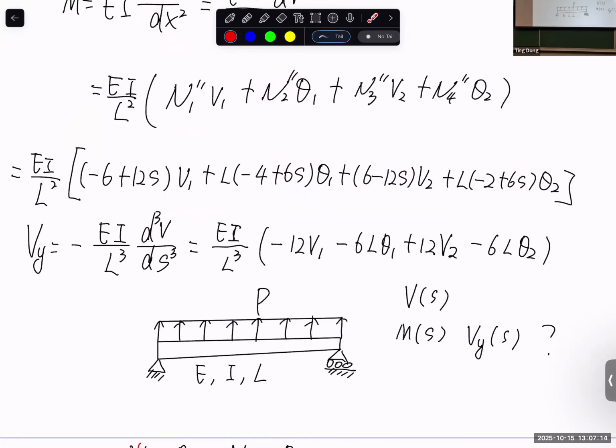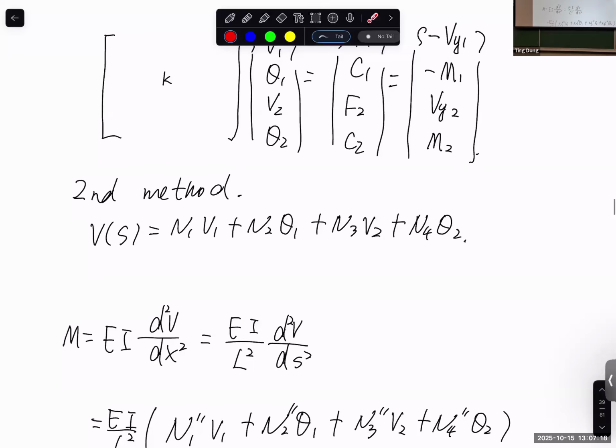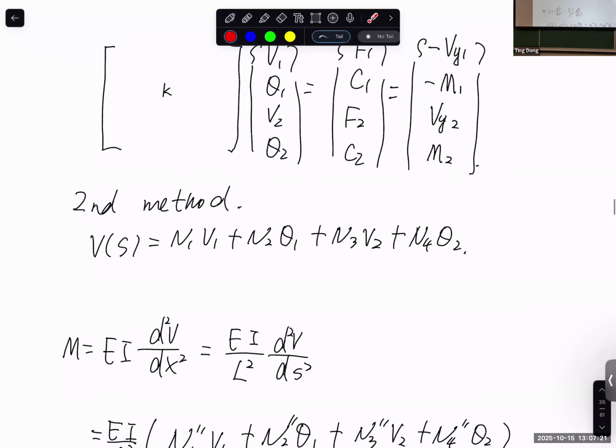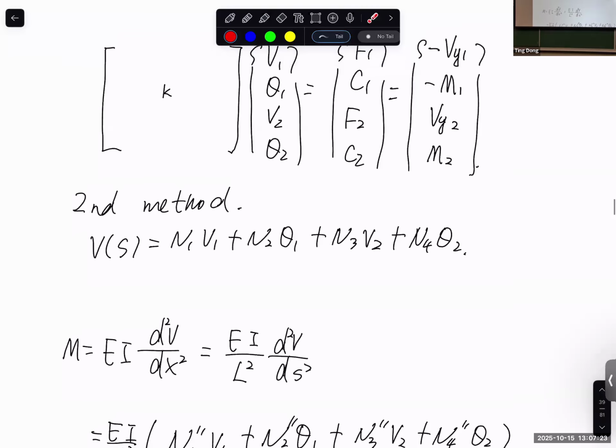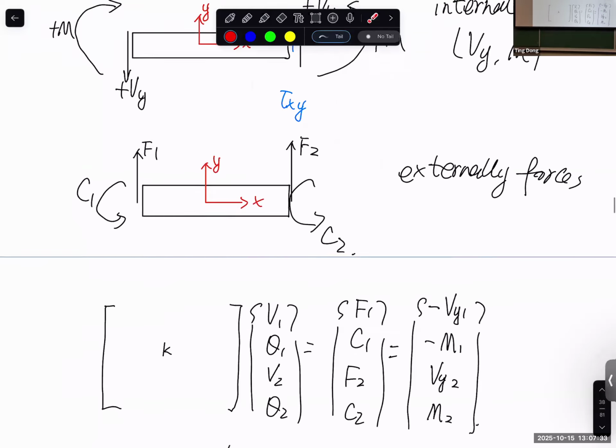This value, since there are two elements, what do you think? The question asked about node 3. Yes, s is only for that specific element, always 0 to 1.